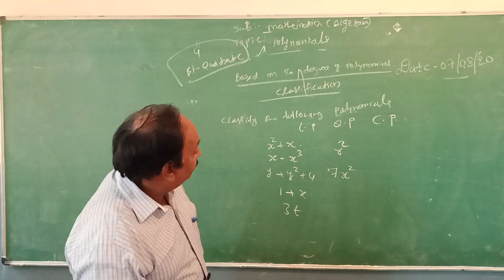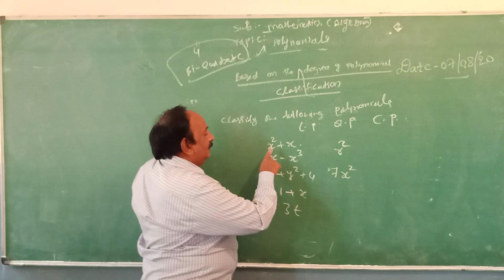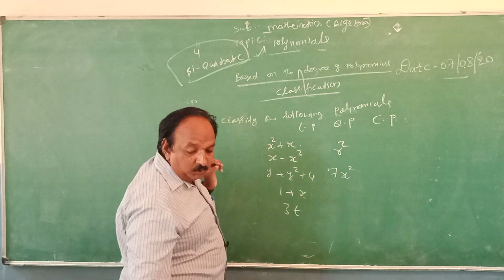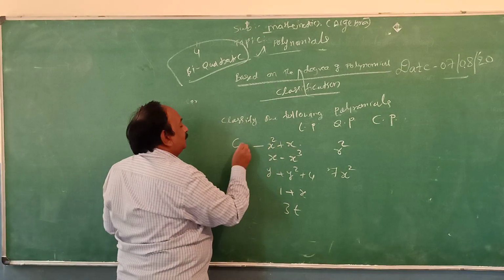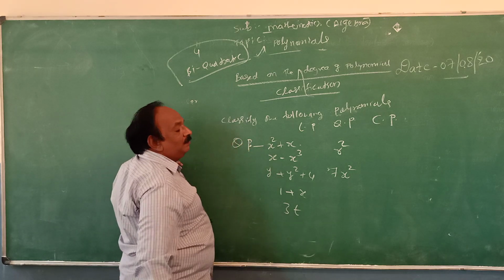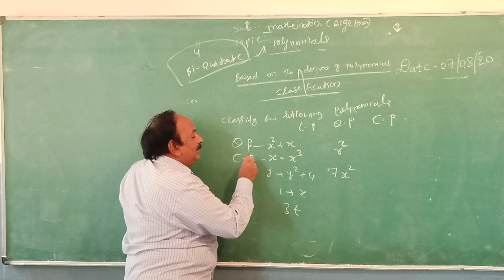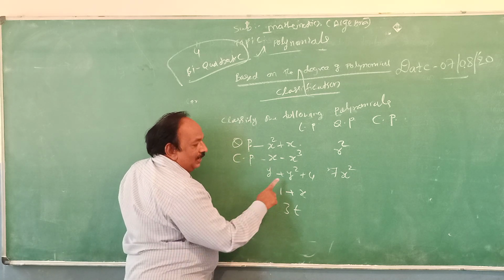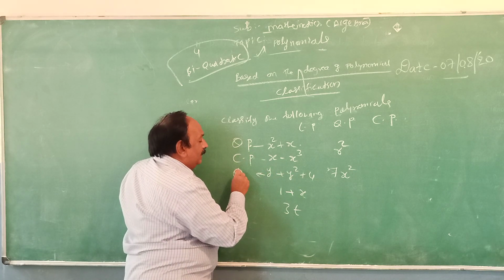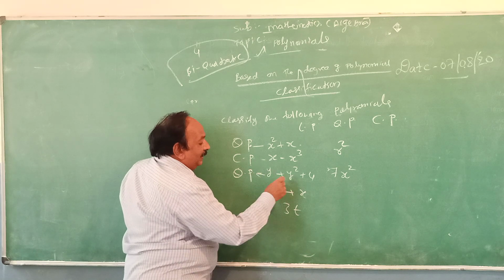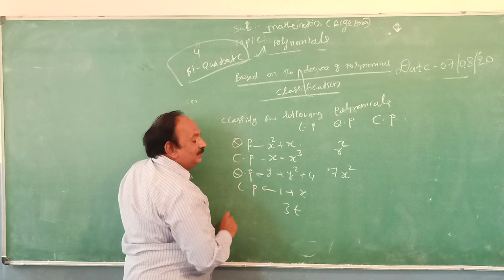Observe here, students. For the first one, the degree is 2, so we call it QP, quadratic polynomial. If the degree is 3, CP, cubic polynomial. If the degree is 2, quadratic polynomial. If the degree is 1, linear polynomial.